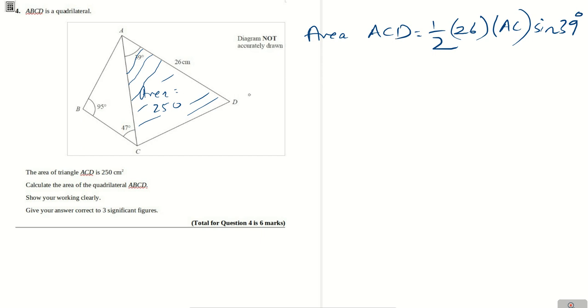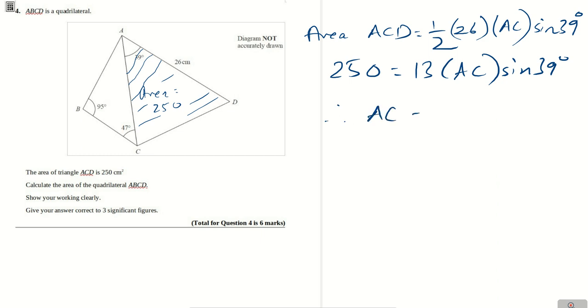Very important this, the area of a triangle is a half multiplied by the product of two of the sides multiplied by the sine of the angle in between. And we know that that's 250, so we've got 250 equals, well, a half of 26 is 13, so 13 AC sine 39.